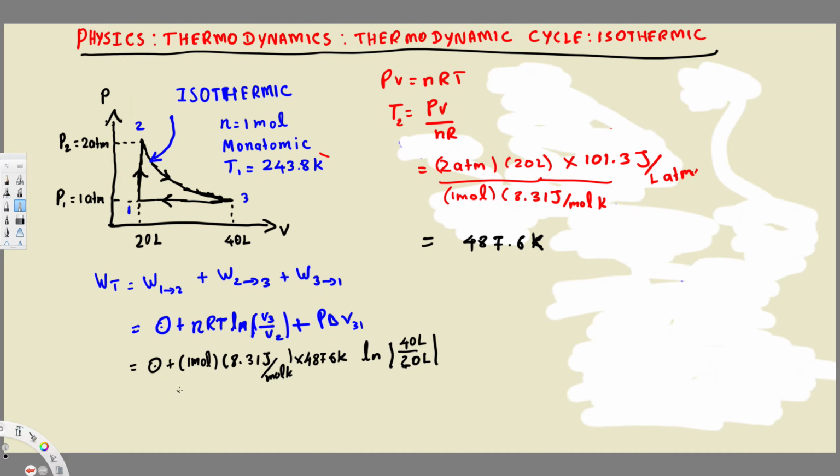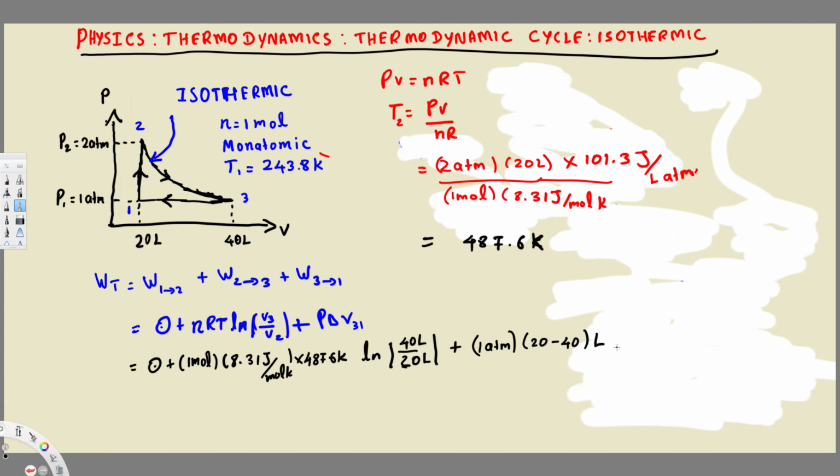Then we have P delta V for the third process. That is P equals 1 atm, and then delta V, final minus initial, 20 minus 40. That's going to be a negative answer, and this is in atm liter, right?